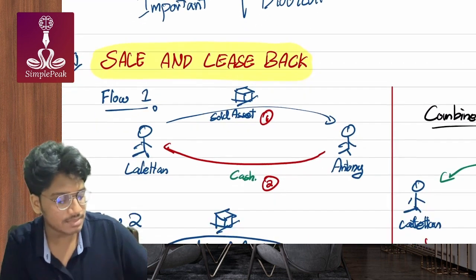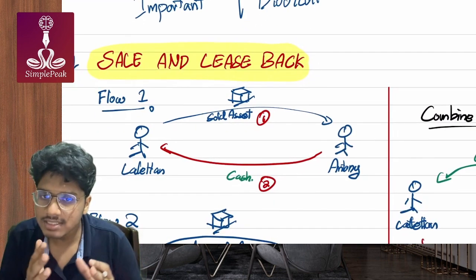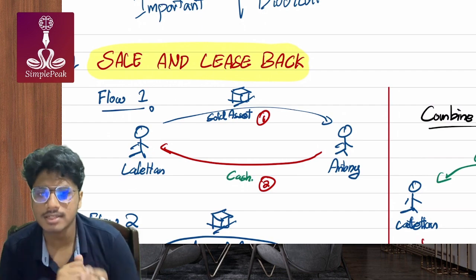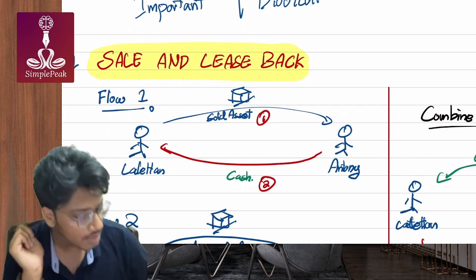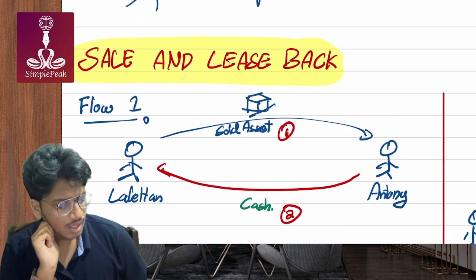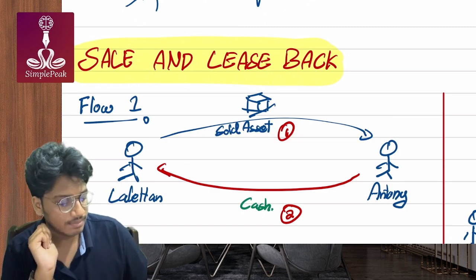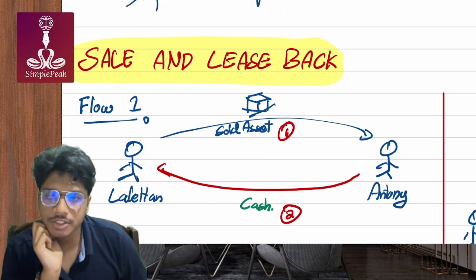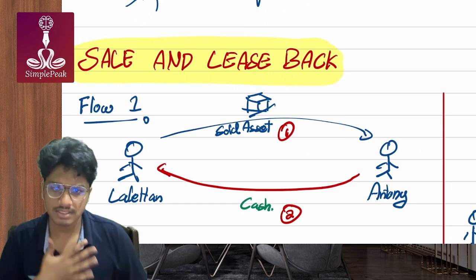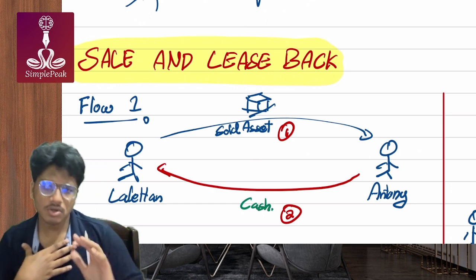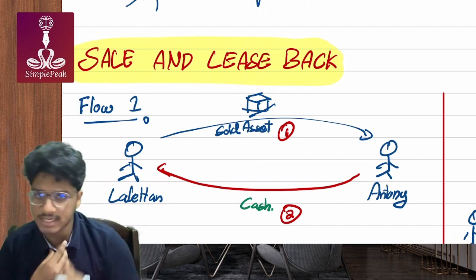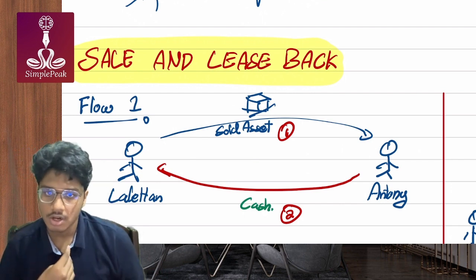So, sale and leaseback. Before I begin, let's understand with a story with the same characters, Layman and Anthony. In the first flow, Layman has sold this asset to Anthony and Anthony has given the cash. Take me as Layman. I have sold this asset, not just leased it.